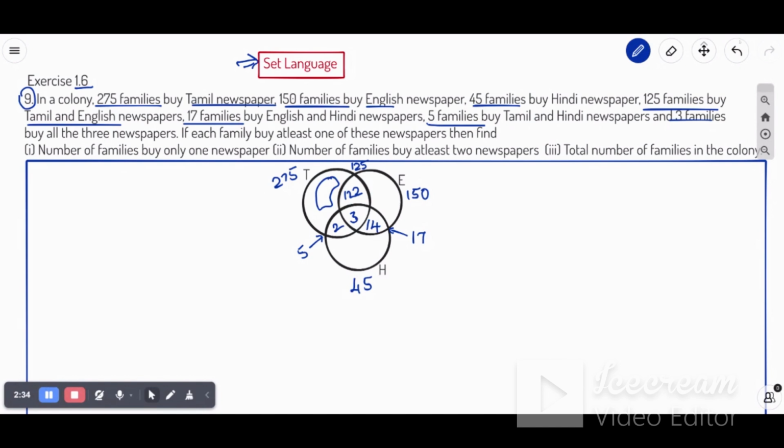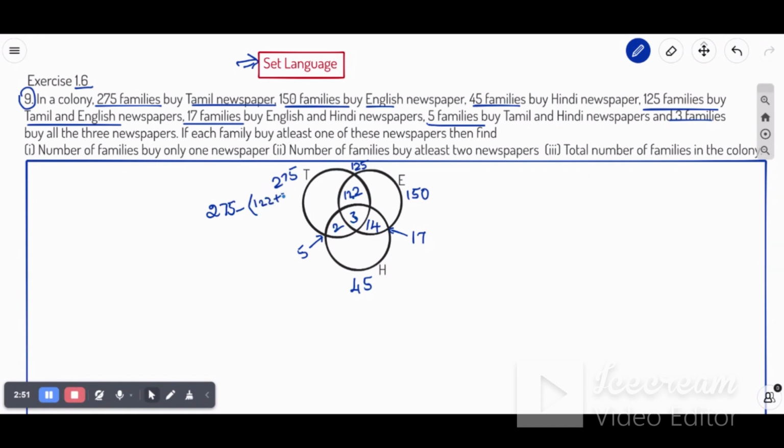First move on to the Tamil area. Tamil area is 275 people buying Tamil. So from 275 we have to subtract all the commons, that will be 122, 3 and 2.